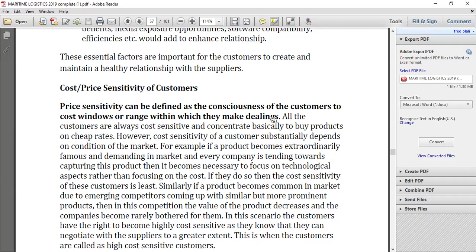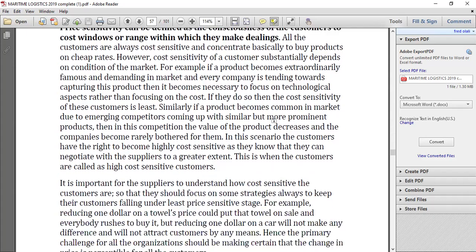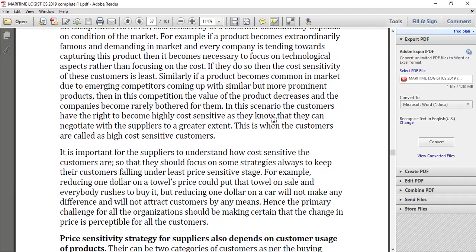Similarly, if a product becomes common in a market due to emerging competitors coming up with a similar but more prominent product, then in this competition the value of the product decreases and the company becomes really bothered. In this scenario, the customers have the right to become highly sensitive, as they know that they can negotiate with their suppliers to a greater extent. This is when the customers are called high cost sensitive customers.